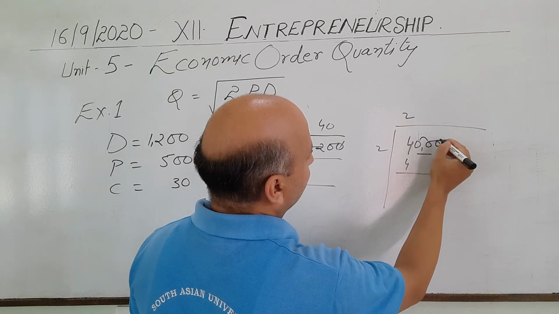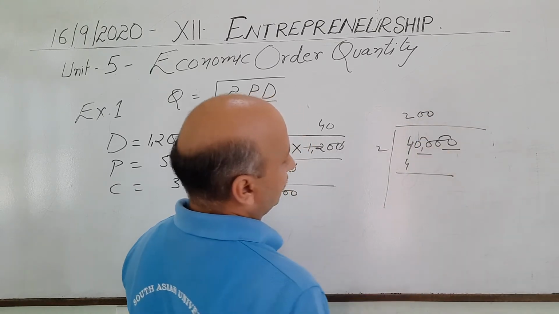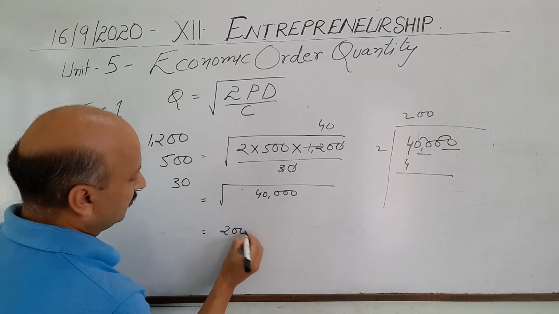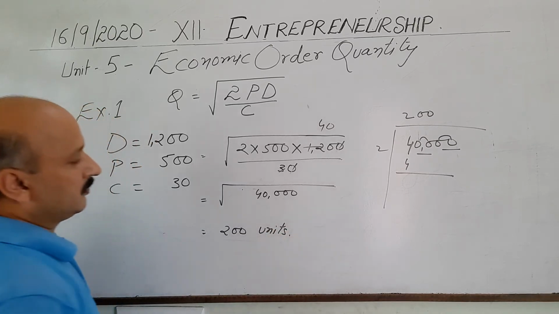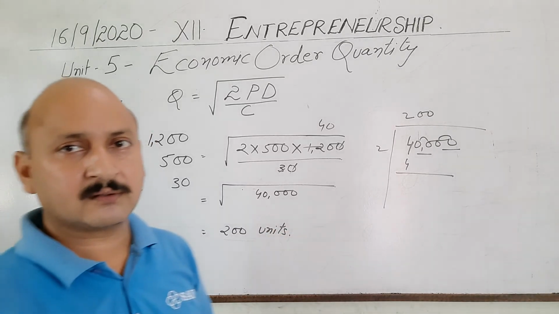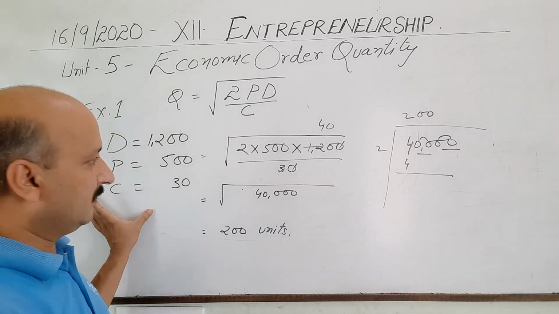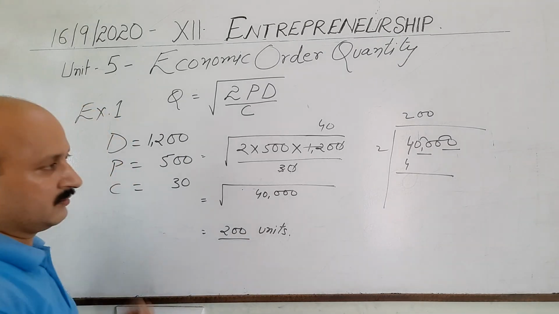So we club them, and we will write 200 here. Equals 200 units. So students, for this particular situation, the economic order quantity will be 200 units.